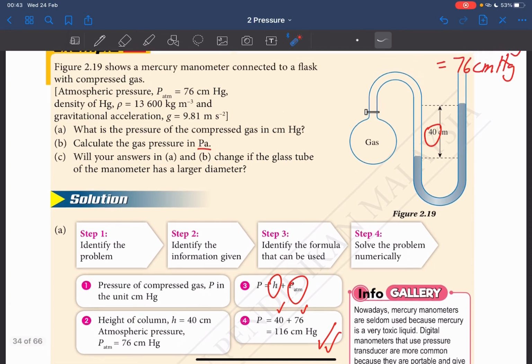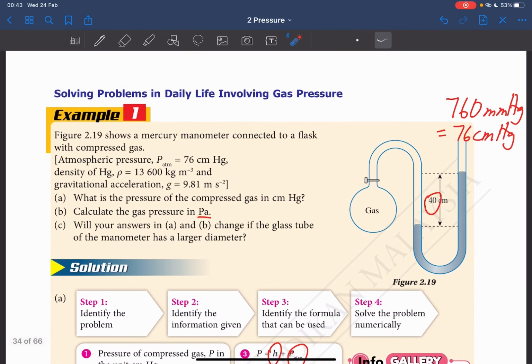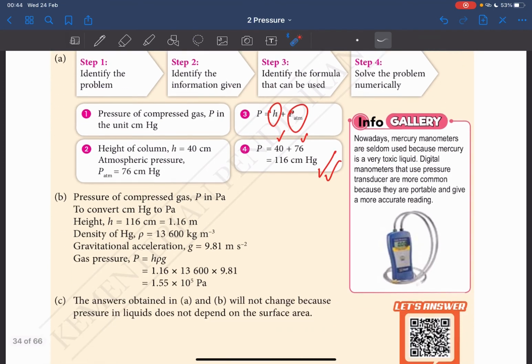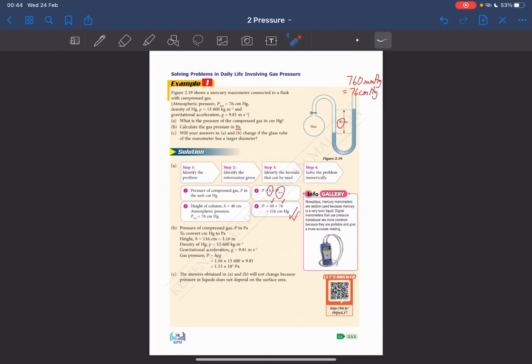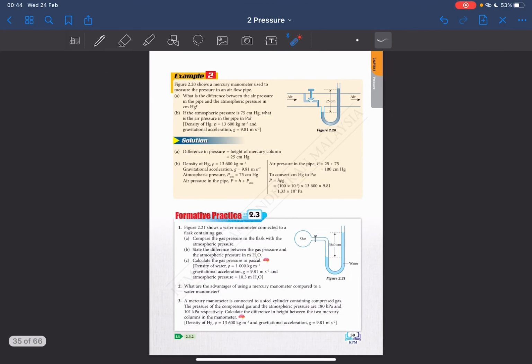Will your answers in A and B change if the glass tube of the manometer has a larger diameter? The answer is no. Why? It does not depend on the surface area. Remember, pressure in liquid equals to H rho G. It only depends on height. Alright? You get this? Let's see the next example.